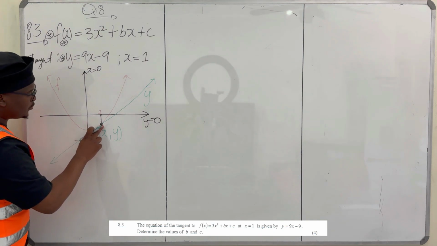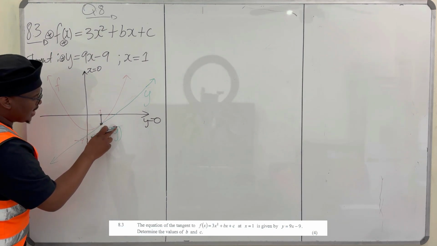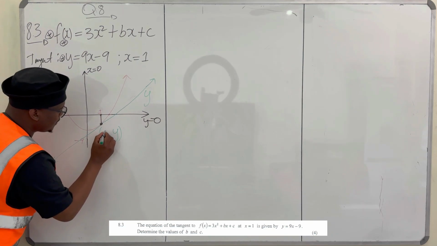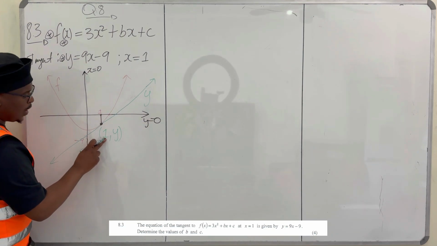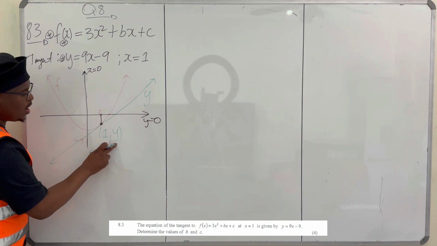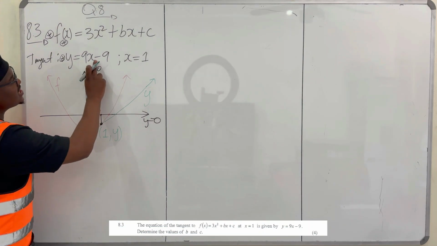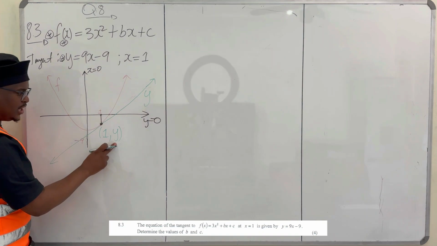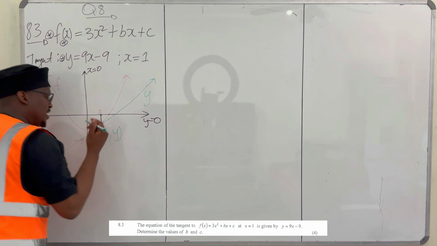But we know the x coordinate is 1, so we can put 1 here. What are we missing? We're missing the y value. So we can use the equation of the green function to find the corresponding y value there. Let's go and do that.